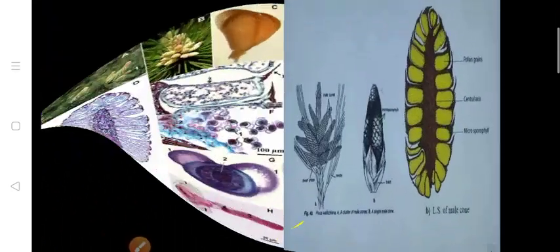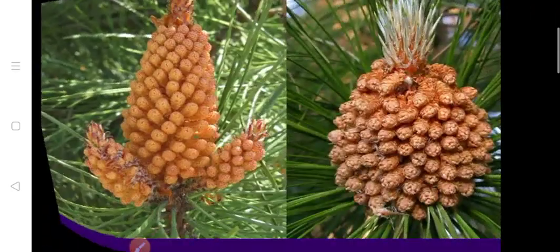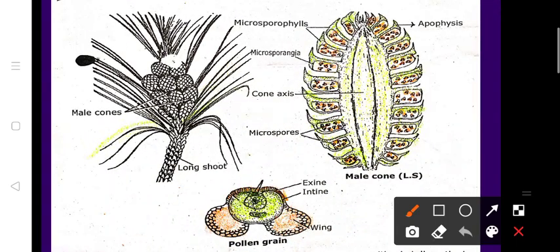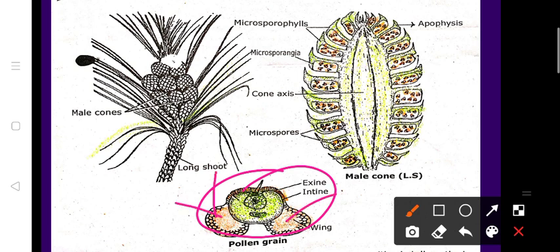These are the pollen grains. Each microspore or pollen grain is a rounded, yellow, light, uninucleate structure with two outer coverings: the outer layer is called exine and the innermost layer is called intine. Each pollen grain has two balloon-shaped wings like airbags. These wings help in floating and dispersal of pollen grains.